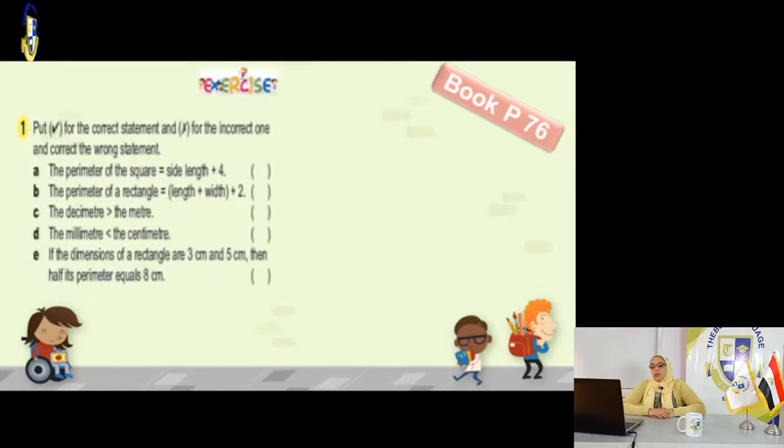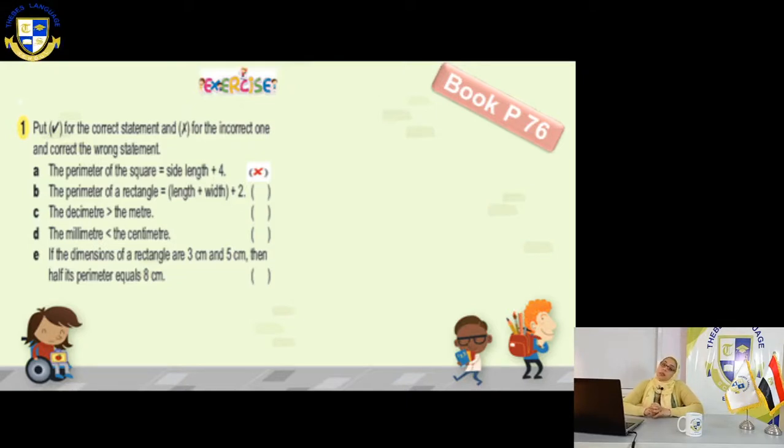Put right for the correct statement and wrong for the incorrect one, and correct the wrong statement. Okay. A. The perimeter of the square equals side length plus 4. Remember the rule? Of course, wrong. What is the correct? Side length times 4, not plus. Number B. The perimeter of a rectangle equals length plus width plus 2.